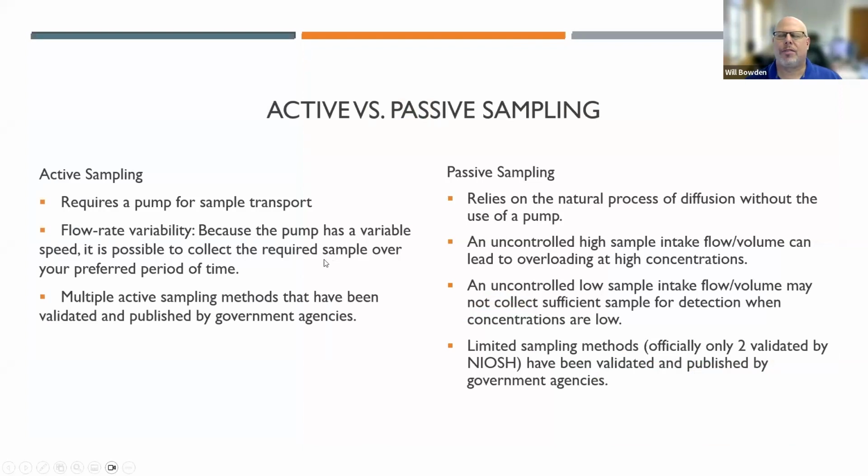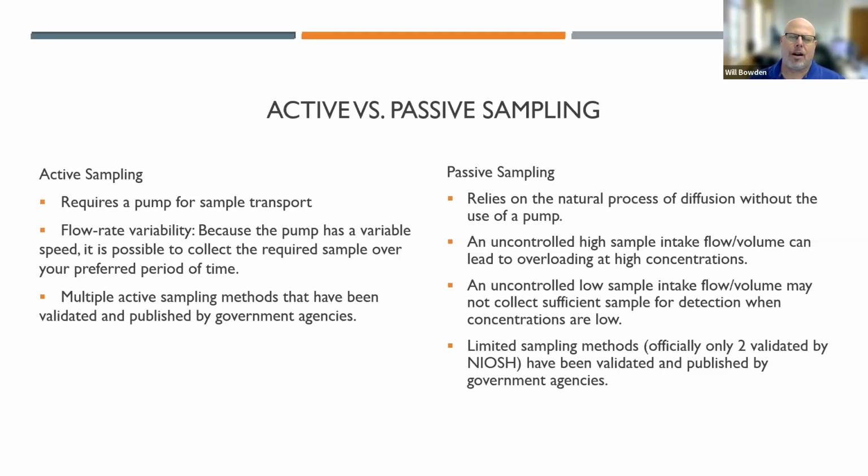So one item we wanted to discuss is that customers come and say to us, hey, we're looking at another product as well, and there's differences in the sampling. We have active sampling versus passive sampling. Active sampling, which is actually what InterScan uses in both of our products, requires a pump for sample transport.